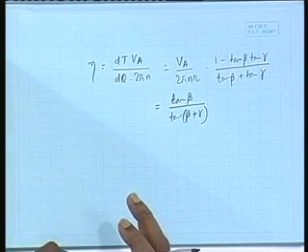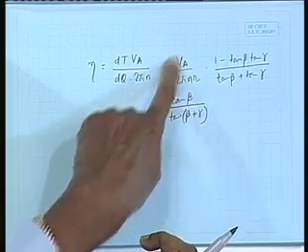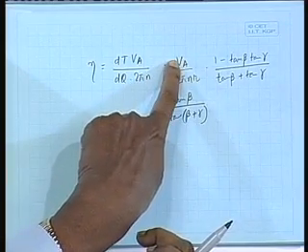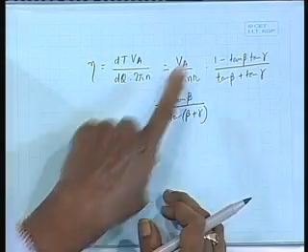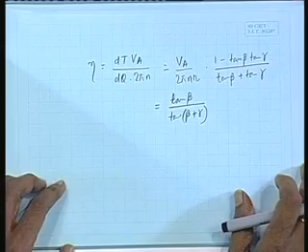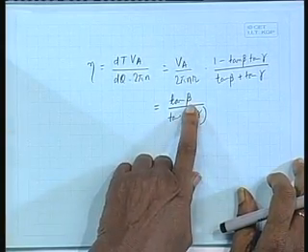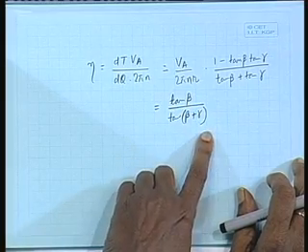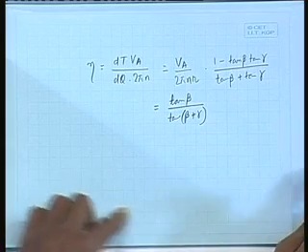Am I right? What is tan beta? This quantity, and this is 1 by tan beta plus tan gamma. Yes. So, now we can express efficiency as this. What does it tell us?